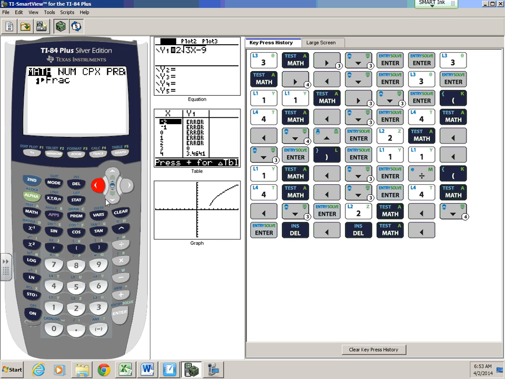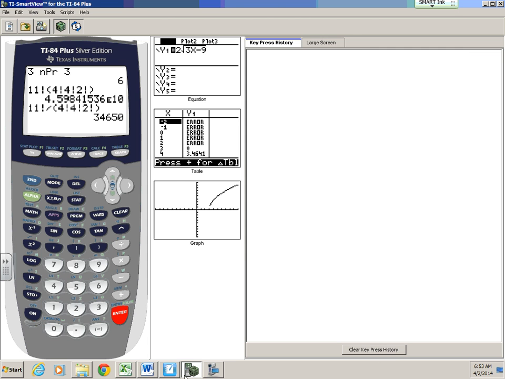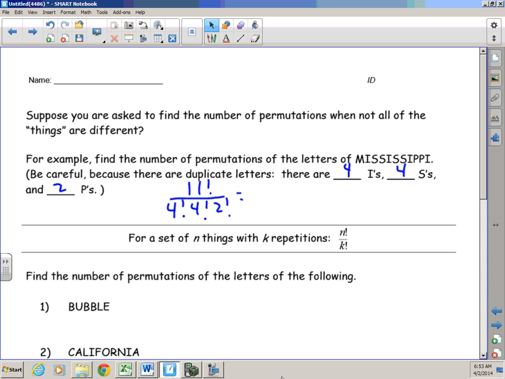Temperamental calculators. All right, close, enter, and 34,650. Okay, which is what that equals.